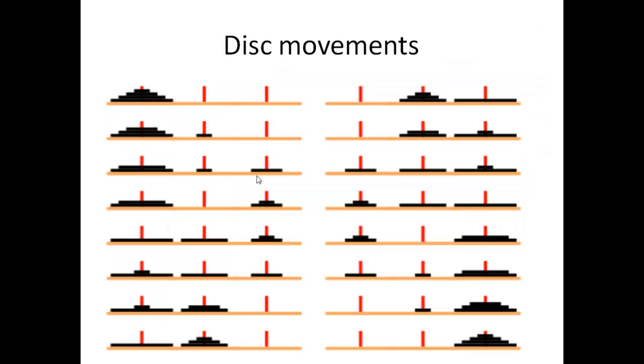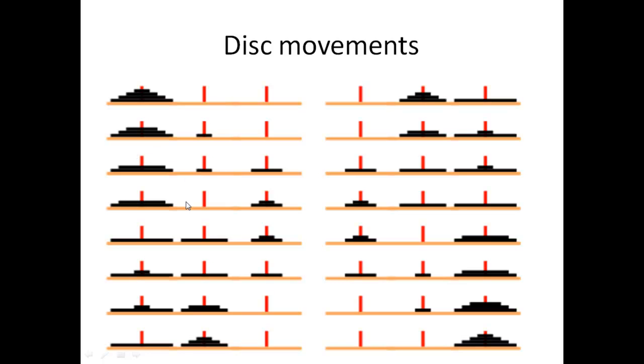This is the auxiliary rod, we keep it as an intermediate. Another rule is that a larger disk cannot be over a smaller disk. That is another rule we have to follow.